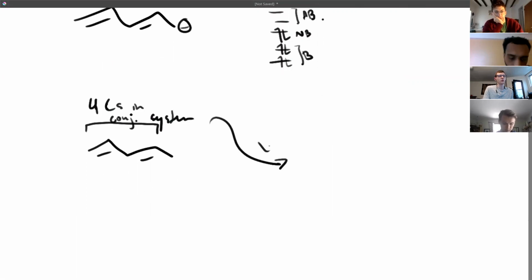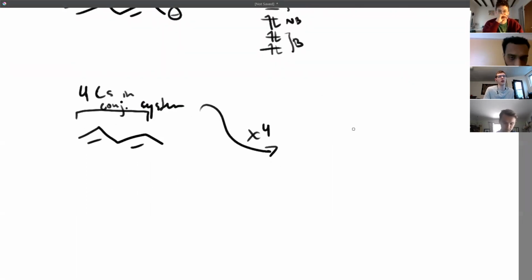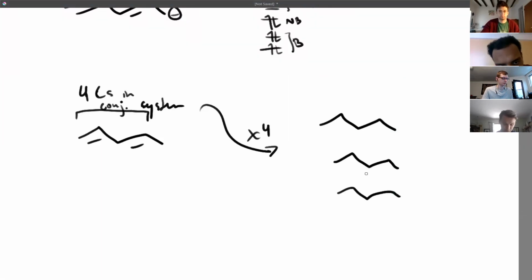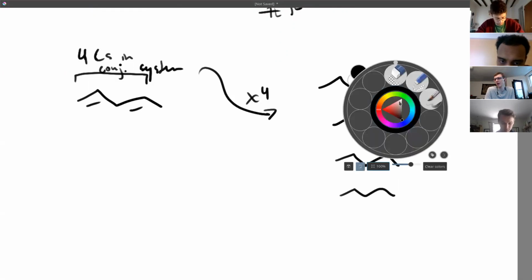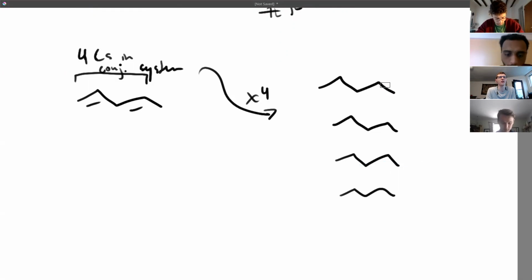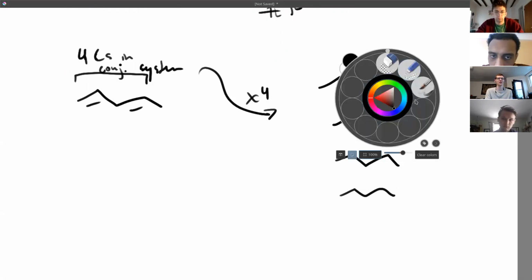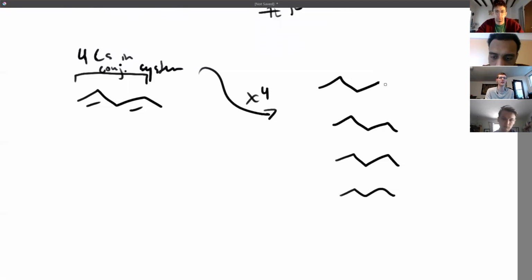Okay, and so we only have 4 different energy levels. And really this carbon here isn't involved in anything. It can't conjugate. It doesn't have a pi orbital, right? I don't know what a good way of drawing it is to say that carbon isn't actually involved in anything.